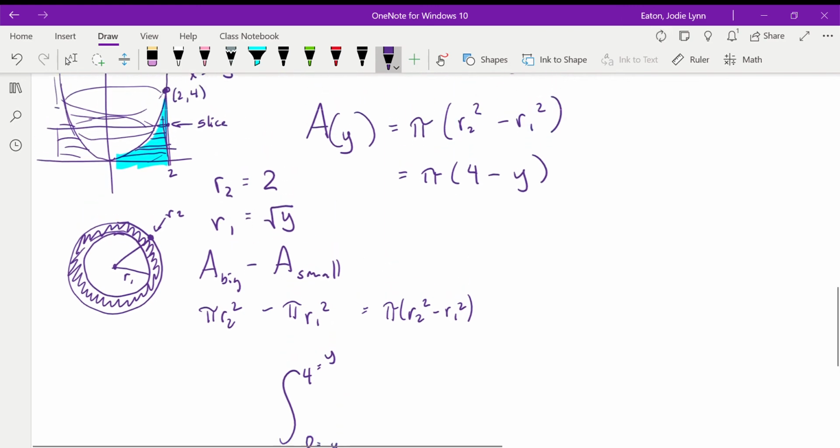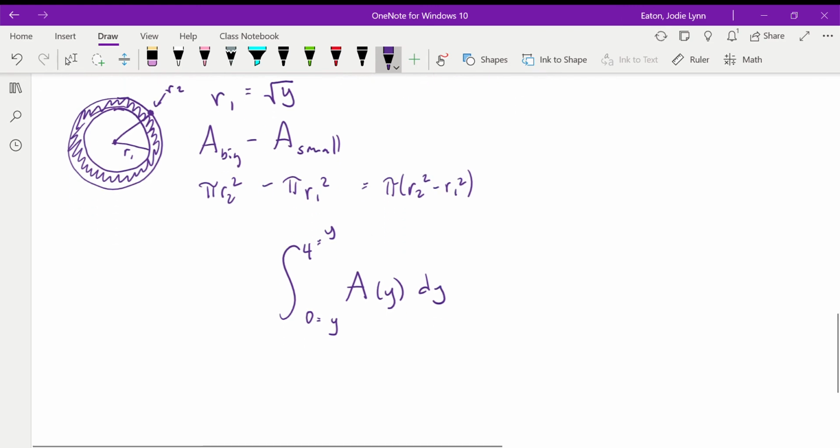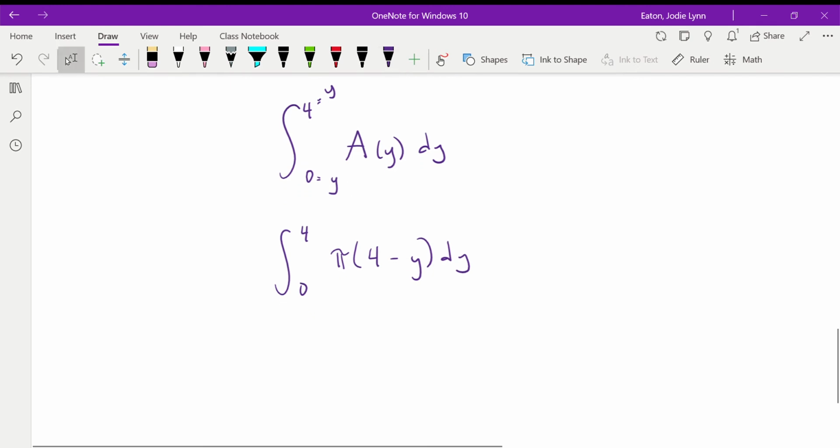So this is the integral of area of y dy, and the area of y here is the area of my washers, not the area of a disk. So this is the integral from 0 to 4 of pi times 4 minus y dy, which, when I do the integral, is pi times 4y minus y squared over 2.